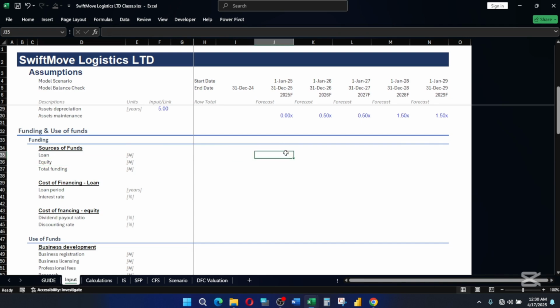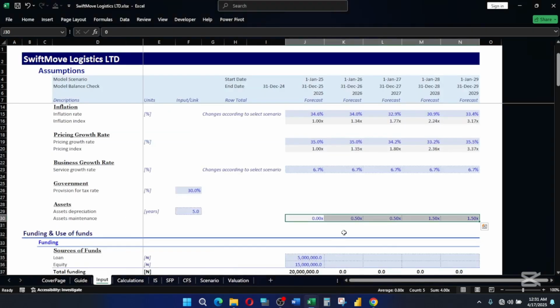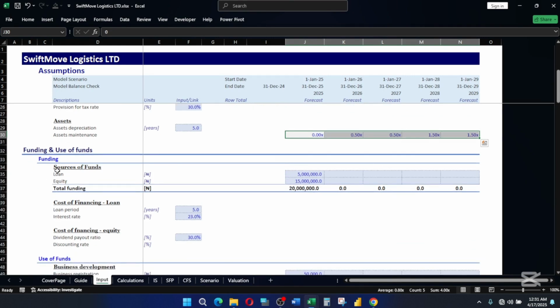Remember that before you start building a model, the client must have told you what and what. You must have sent a questionnaire to the client, and the client will have filled that questionnaire for you. And in that questionnaire, you have all the details you need. He needs so much amount as a loan, and so much as equity, right? So from what we have here, the client is looking at 5 million naira and 15 million naira, a total funding of 20 million naira.